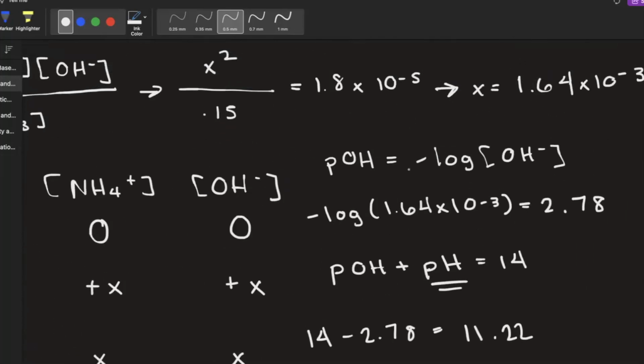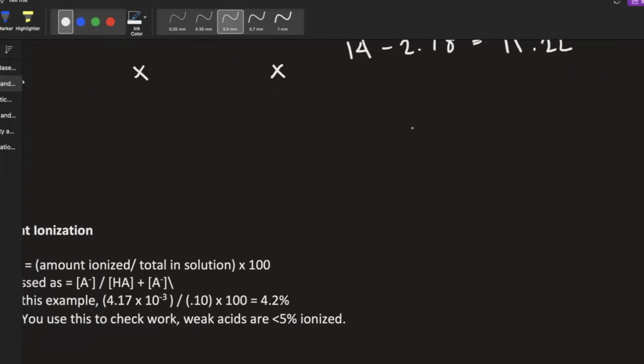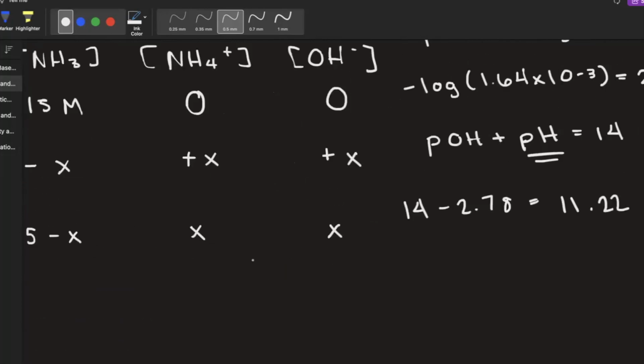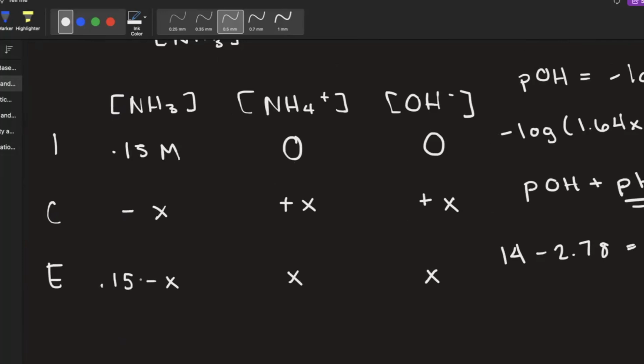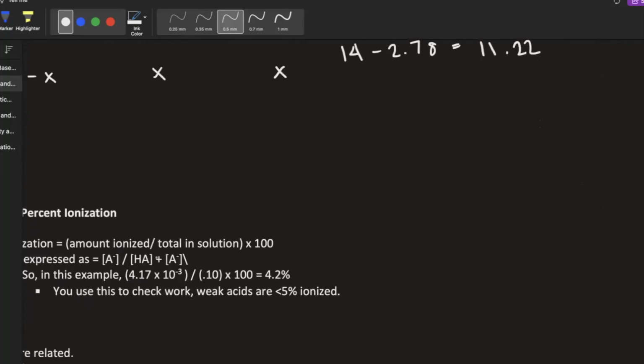That would be one of our concentrations, so X. And you divide that by the total in solution, which is going to be our initial. So we take our concentration, X, divided by our initial in solution, and multiply that by 100 to get a number. We use this to check work, and we find that weak acids are less than 5% ionized.